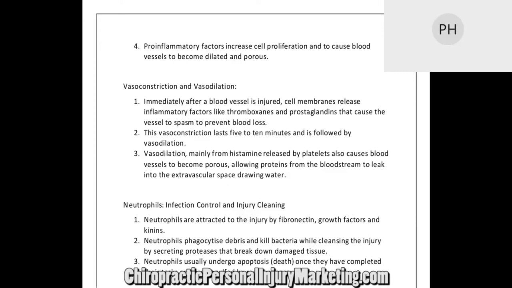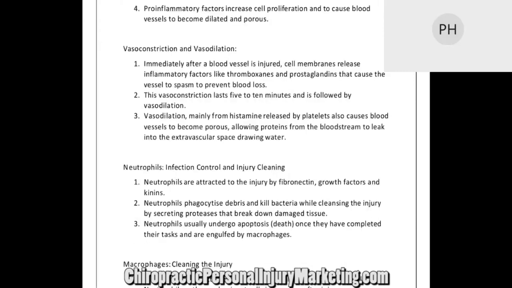So initially on the injury, there's constriction to shut down the blood loss, followed by vasodilation. Vasodilation, mainly from histamine released by platelets, also causes blood vessels to become porous, allowing proteins from the bloodstream to leak into the extravascular space, drawing water. Okay, vasodilation and histamine, big factors right here.